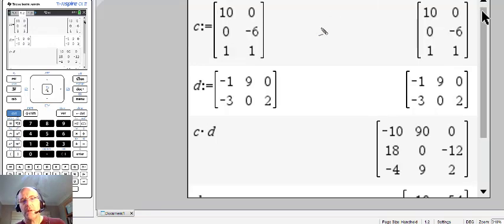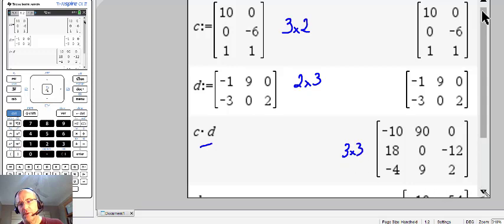In this example, we've defined matrix C as a 3 by 2 and matrix D as a 2 by 3. We can see the result of C times D there. Going C then D, we would have a 3 by 3, based on our previous work.